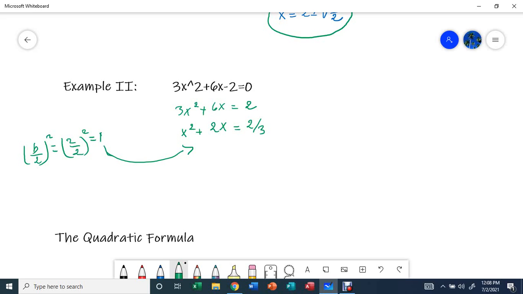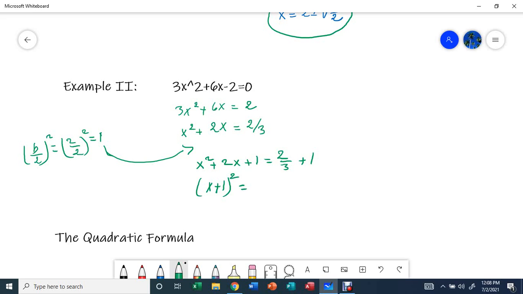Yes, so add 1 to both sides here. So x squared plus 2x plus 1 equals 2/3 plus 1. And factor out this first equation. So it's going to be (x plus 1) squared. Find the common denominator here, which is 3.